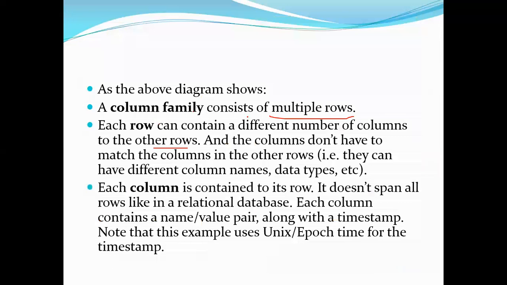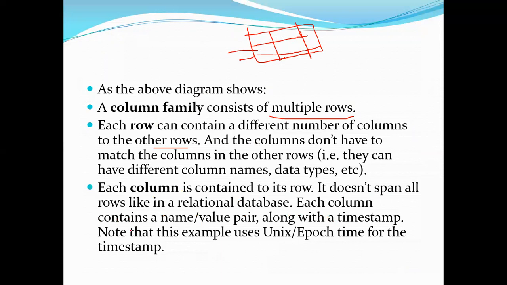See here, a column family contains multiple rows. A column is contained to its row. It does not span all rows like in an RDBMS. Whereas in an RDBMS, what will happen? We have already discussed this every time we discuss RDBMS. Every column will have the same number of rows and the same data will be there in the RDBMS. Whereas in a column store, it will not be like that.